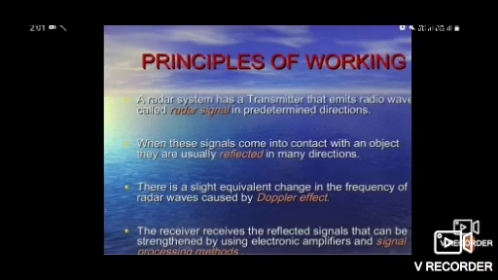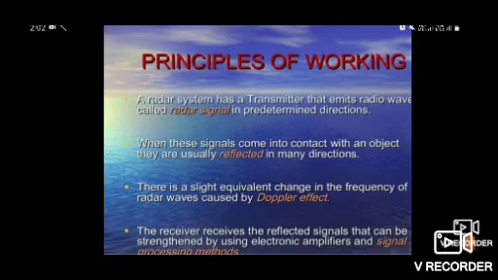Next, having covered the main principle of radar, I have already told that it has a number of devices. Our radar system has a transmitter which transmits radio wave signals, and those signals are called radar signals. The signals are not transmitted in a single way.